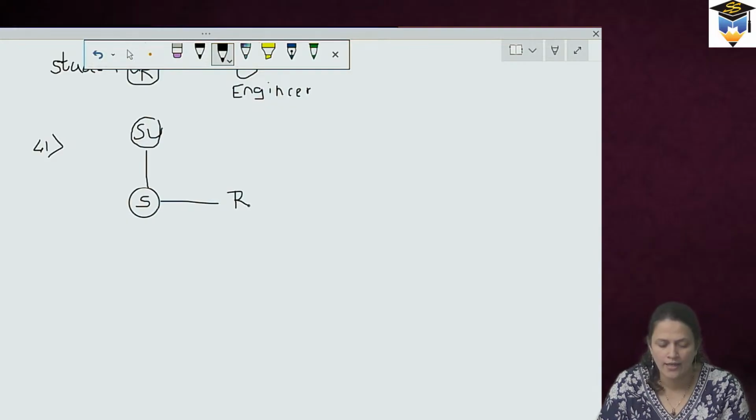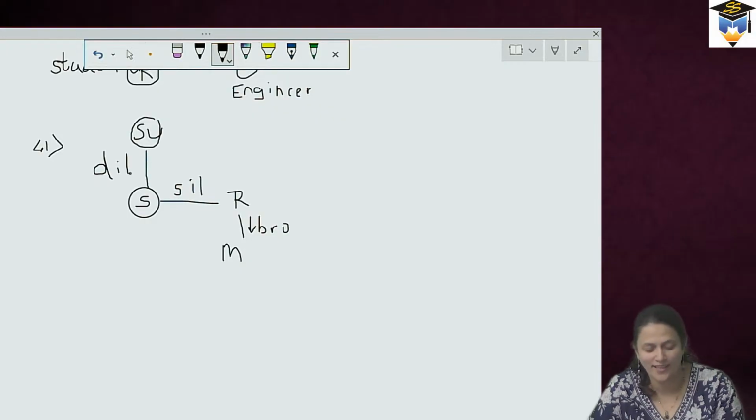And Mohan is the son of Sudhir and only brother of Ramesh. So he is his bro. Find the relation between Seema and Mohan. What do you think? SIL म्हणजे sister-in-law, DIL म्हणजे daughter-in-law. Okay.